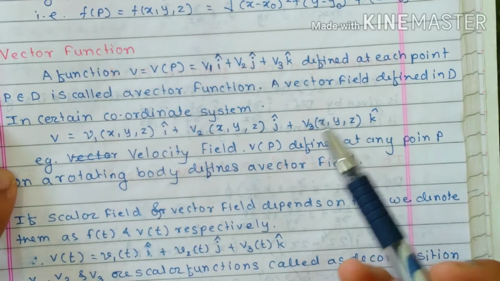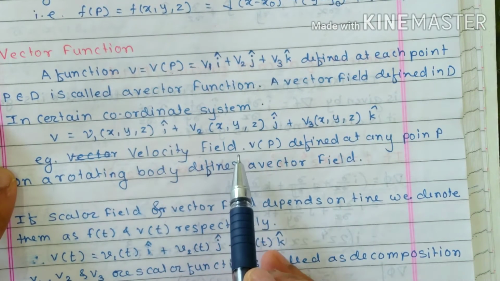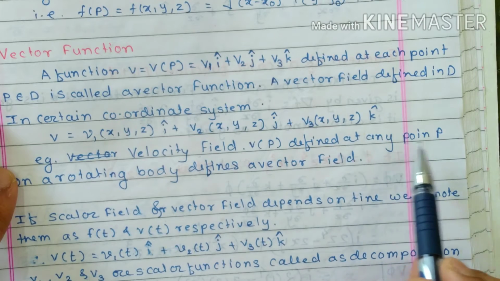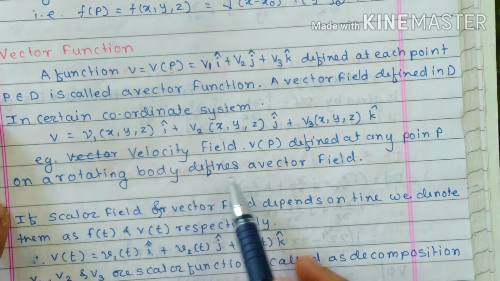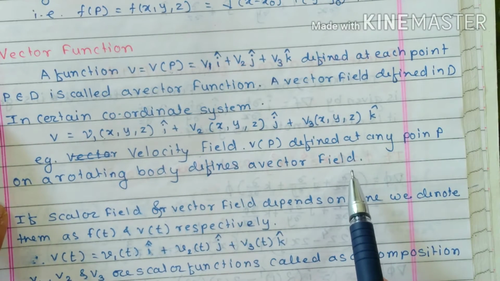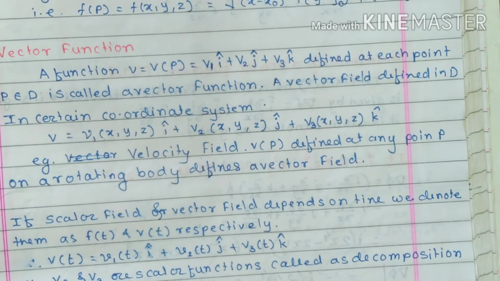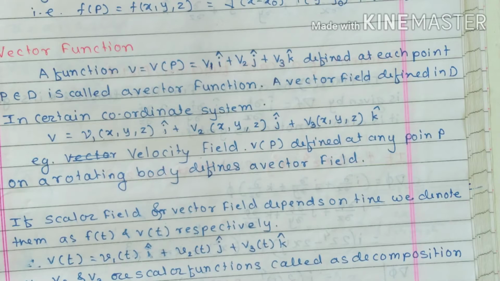I hope this idea is clear. Now the velocity field, that is v of P defined at any point P on a rotating body, defines the vector field. So the velocity field is the best example of a vector quantity, a vector function. I hope this idea is clear.